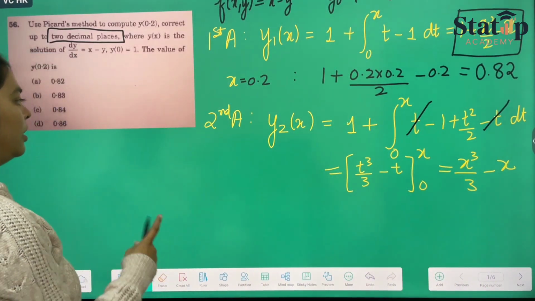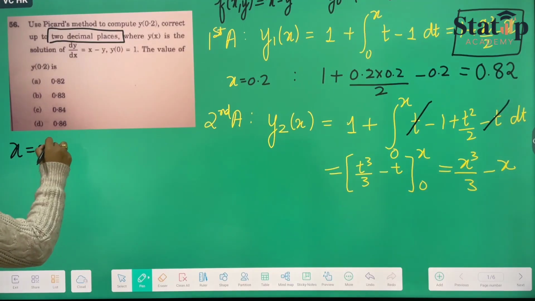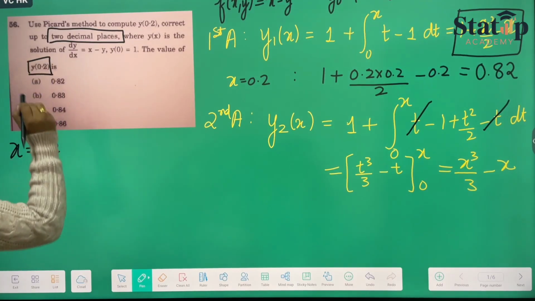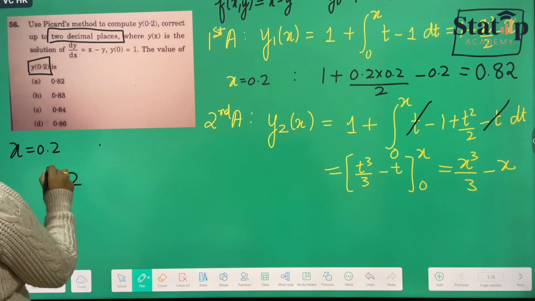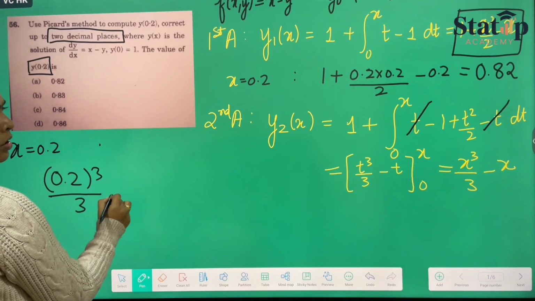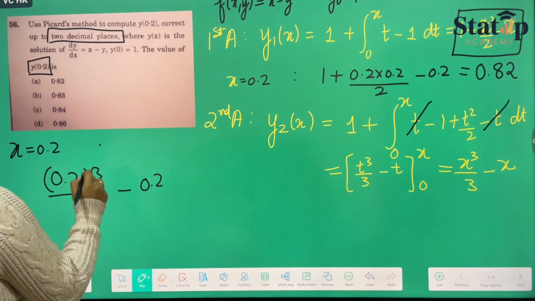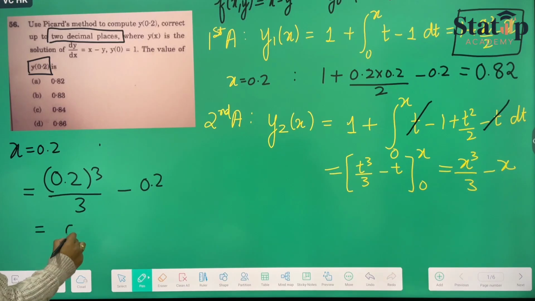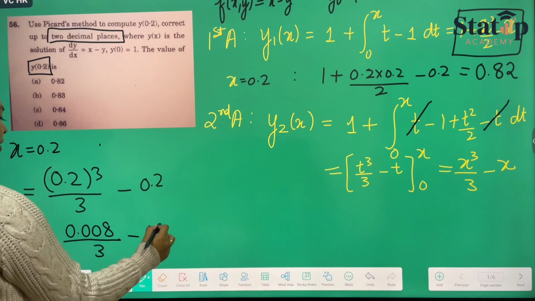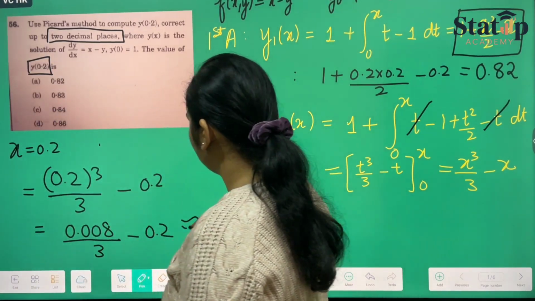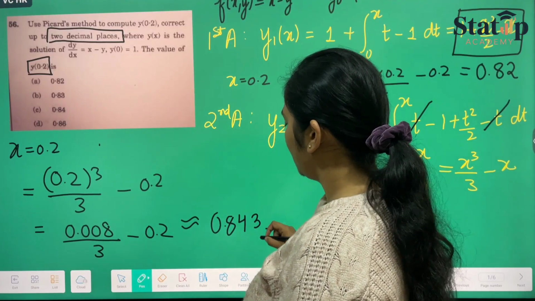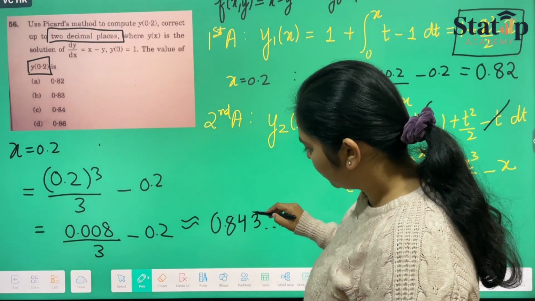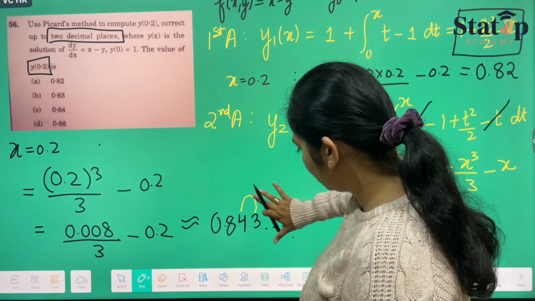Now if we put here x equals 0.2, which has been asked in the question, y(0.2), then our answer will be 0.2 cube upon 3 minus 0.2. 0.2 cube will be equal to 0.008 upon 3 minus 0.2, which will approximately be equal to 0.843 and so on.